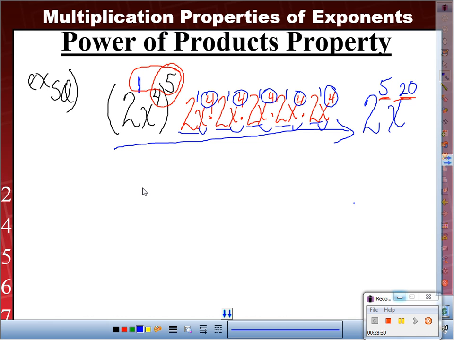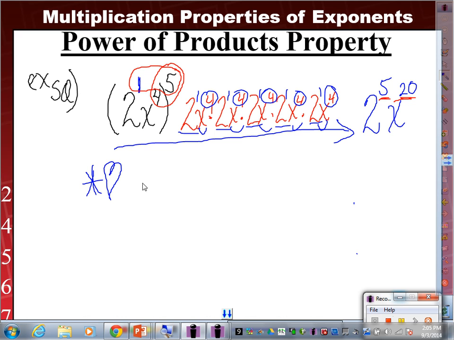Think about it. What would be something that you would write? Share it with your neighbor. See what would be your rule.